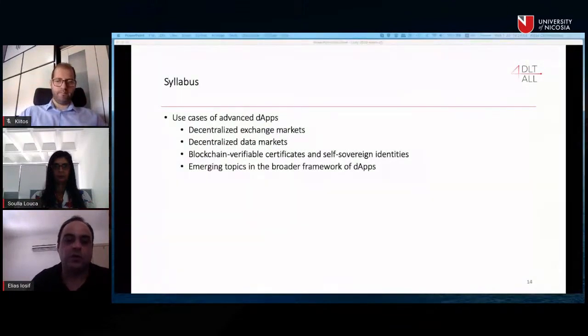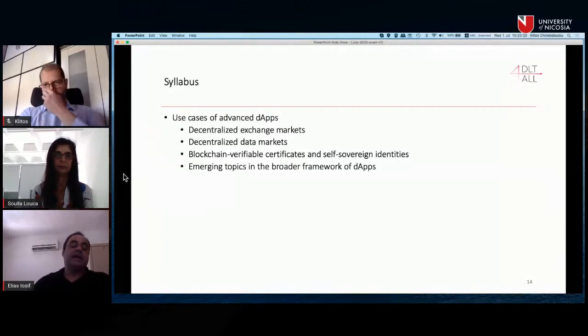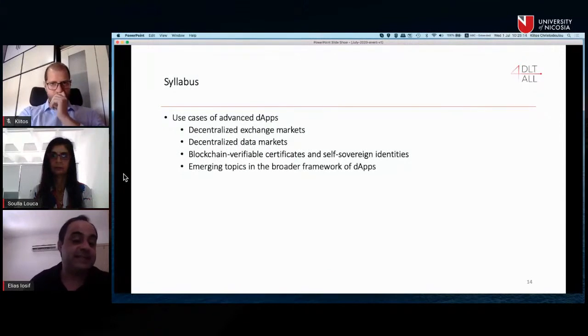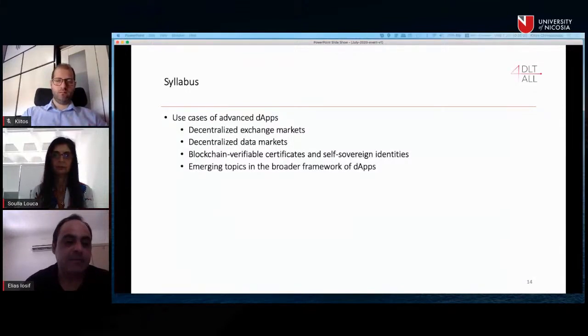First of all, those markets are centralized, more or less, and there are some key points where we need to be very, very careful. By extending the first use case, we have decentralized data markets. Right now, we are data producers.